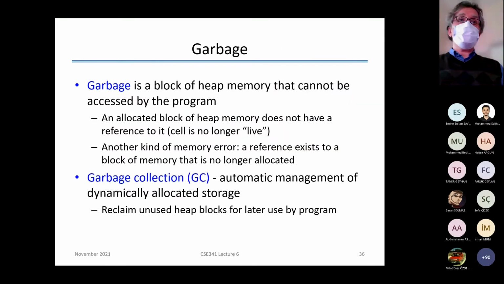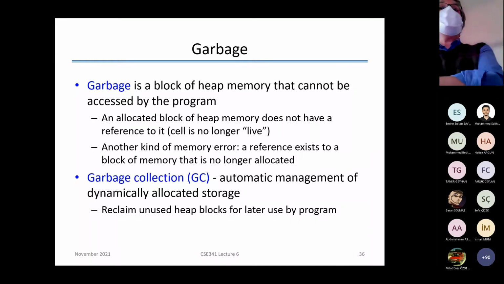This is important. Now, we can define garbage as a simple thing. It's a block of heap memory that cannot be accessed by the program, meaning cells that are not live, or cells that are dead by the definition we discussed. An allocated block of heap memory does not have a reference to it, meaning it's no longer live.